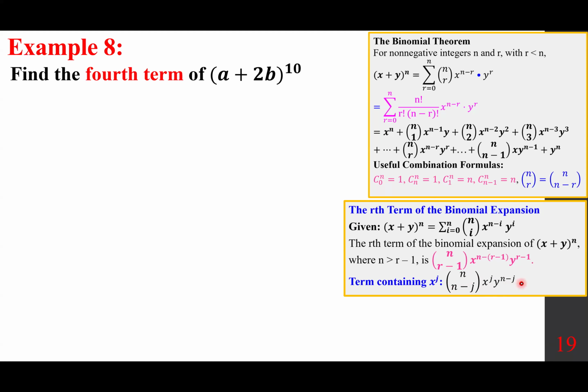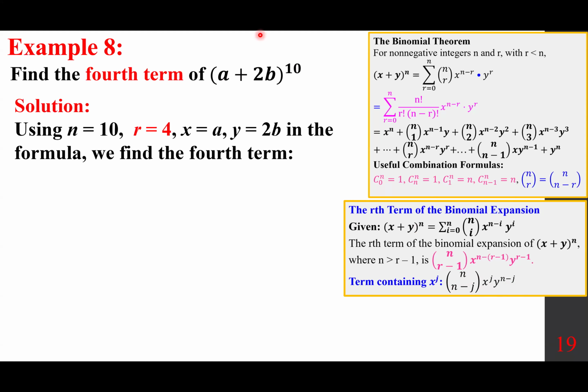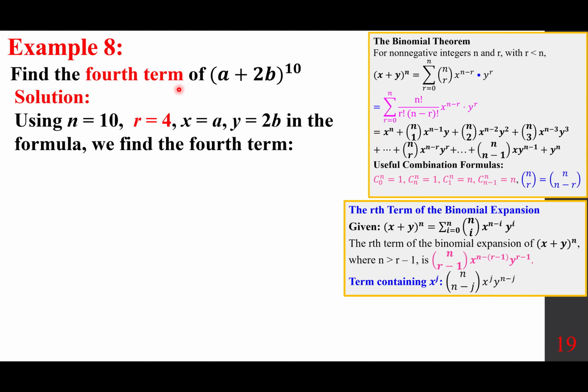Okay, so let's quickly look at the methodology. Obviously, n is 10. The fourth term, r is 4, x is a, y is 2b. So that's that. One way is that you expand it and you just make a note of the fourth one. Again, one way, just expand this. When you get to the fourth one, you have the answer.